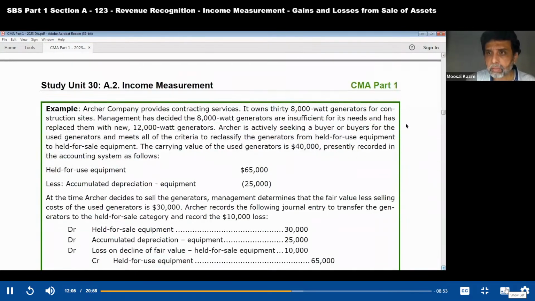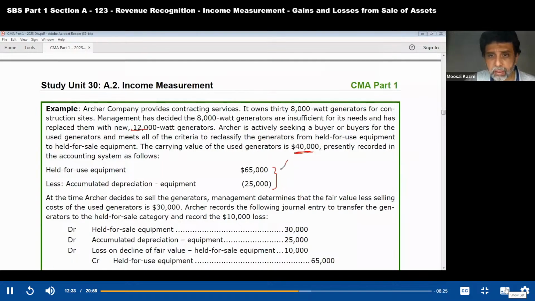Hawk has explained this very nicely. So here there's an 8,000 watt generator going to be replaced with a 12,000 watt generator. The carrying value for the generator which is used, or the long-lived asset, is 40,000. That is the held for use original cost less the accumulated depreciation.